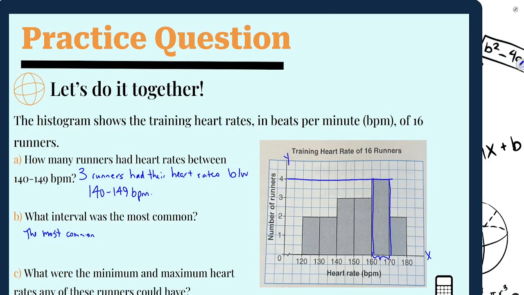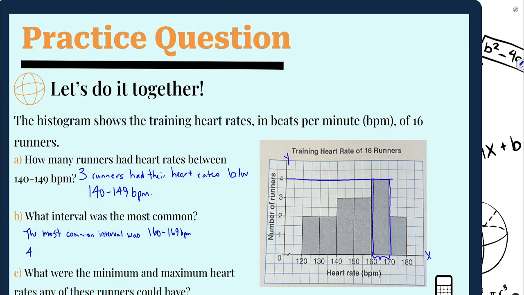Here we are. The most common interval was 160 to 169 beats per minute. You could also say 4 runners had heart rates between 160 to 169 beats per minute.